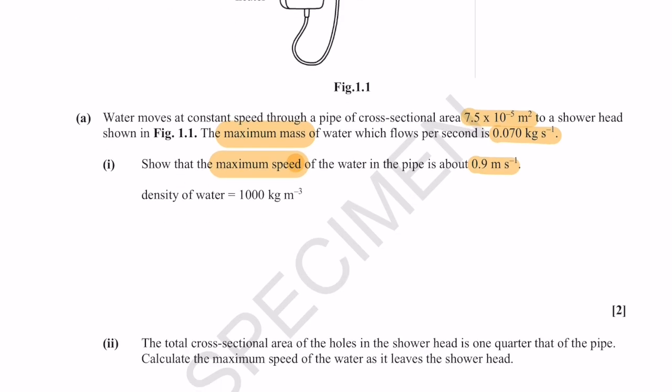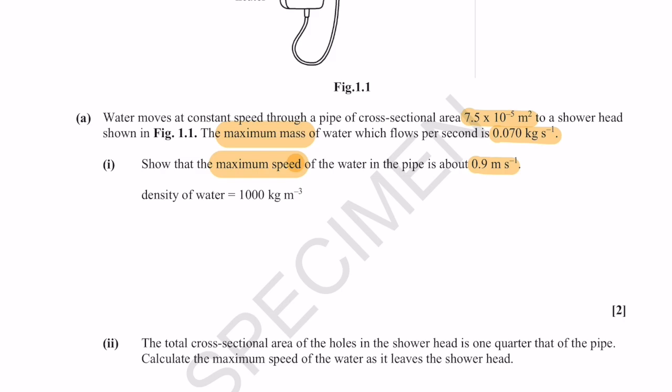So I would think about this in terms of the physical quantities I'm given, in terms of their units. In order to work out the speed, I could use the density to begin with.